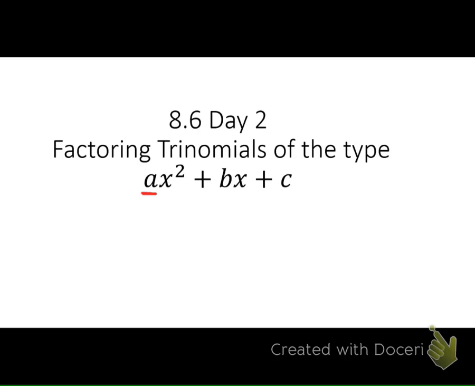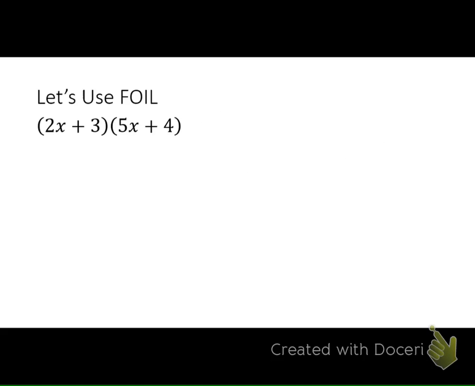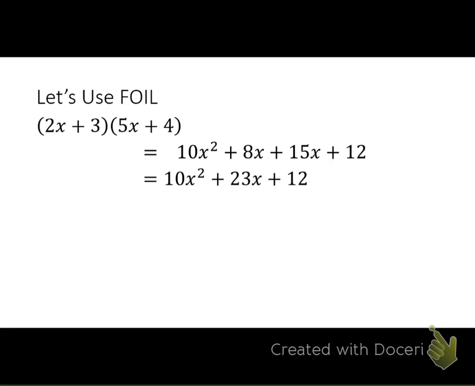Because of that, we can see how this changes how I factor. So let's look at an example. Let's go FOIL and see what happened when I distributed this one out. I already typed it up for us to make this go a little faster. When I FOILed, I had my first two terms multiplied together, the 2x times 5x, which gives me 10x squared.